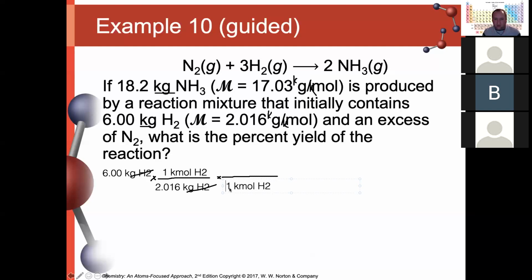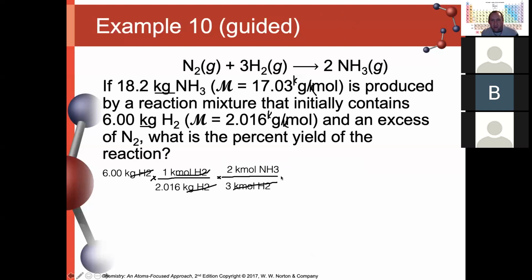Our next step: we gotta use our balanced equation here. 3 kilomoles of hydrogen for every 2 kilomoles of ammonia. And so our kilomoles of hydrogen cancel.